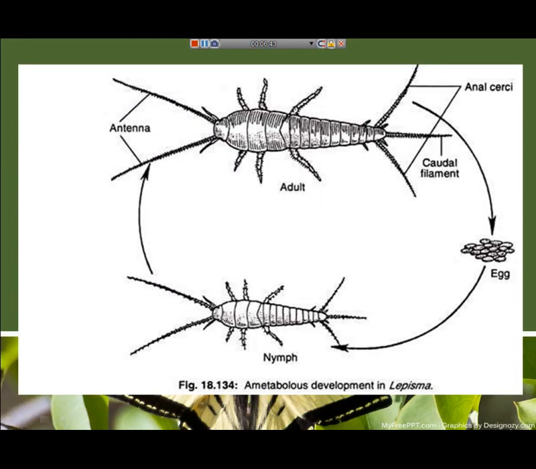In this figure, Lepisma is an example of an insect that undergoes ametabolous development. The young emerge from the eggs, resembling the adult except in size and the sexual structures. It is then called nymph. In the nymph, the reproductive organs are undeveloped.